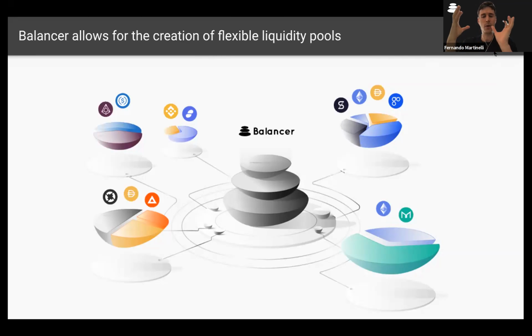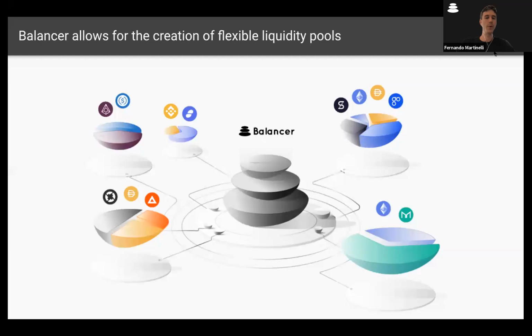Many people don't realize that when they provide liquidity on Uniswap, they are forced to always put the same amount of value in both tokens in the pool. Balancer allows you to think of a pool more as a portfolio management tool. You can put the assets that you have, and Balancer will balance them for you.